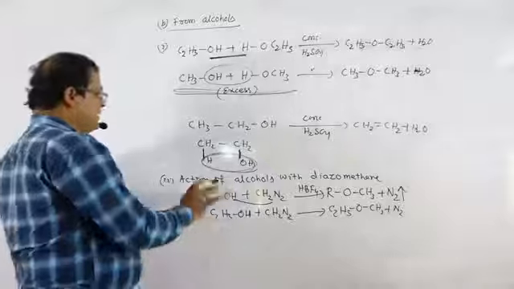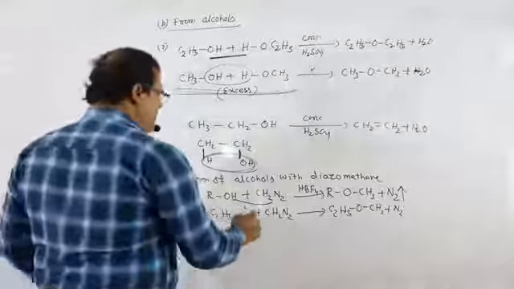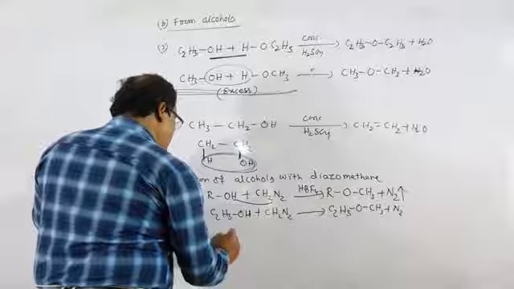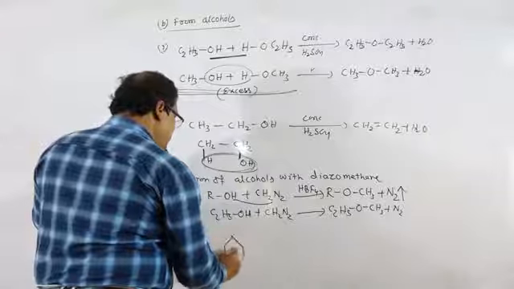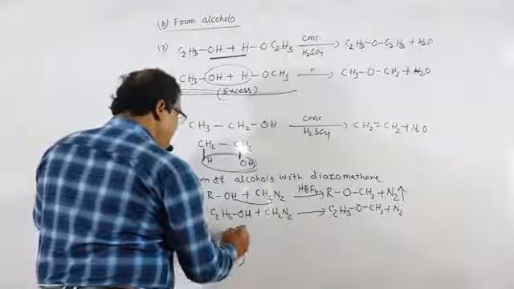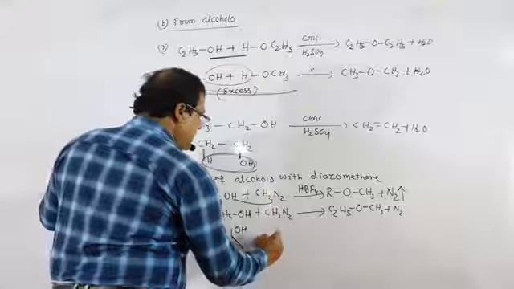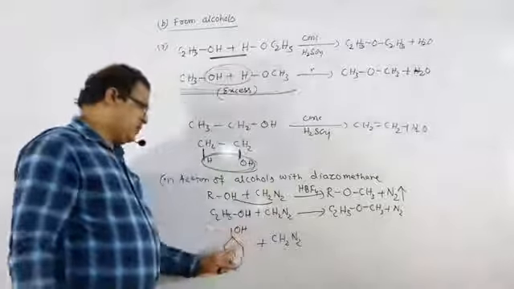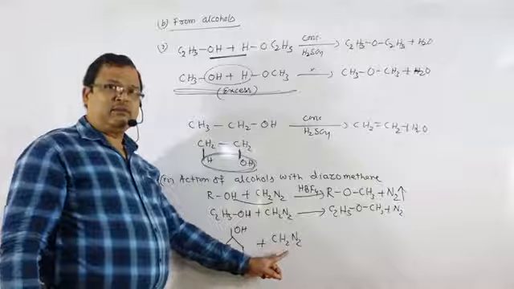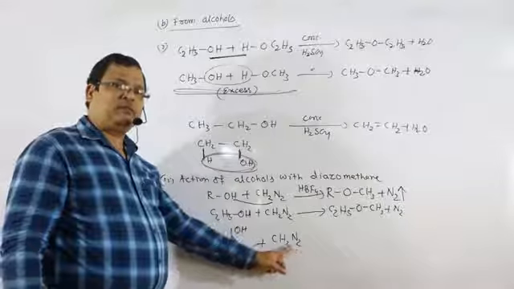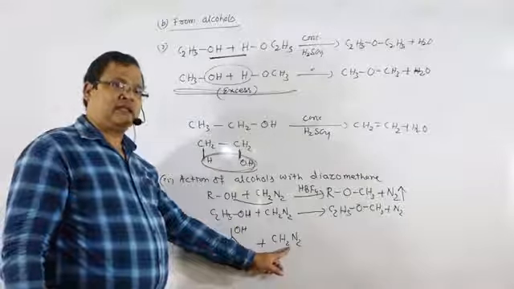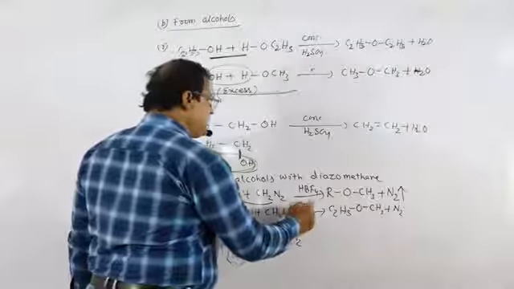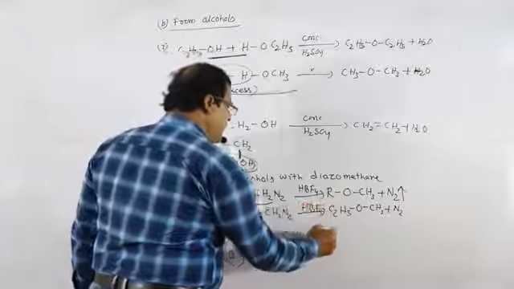By the same method, we can also prepare aromatic ethers. For example, benzene that contains an OH group, that is phenol, is treated with diazomethane, CH2N2, with the same catalyst HBF4.